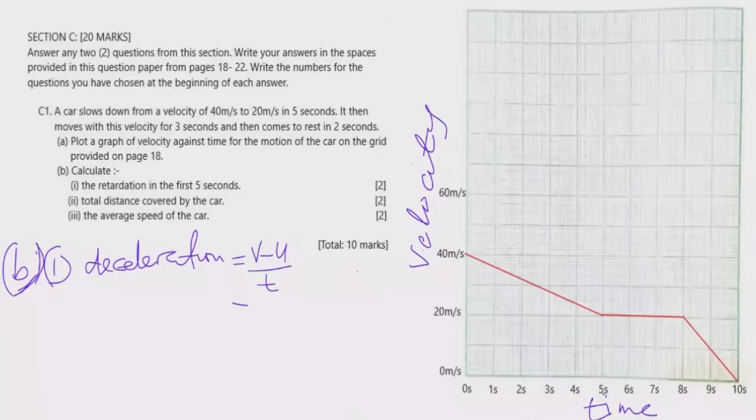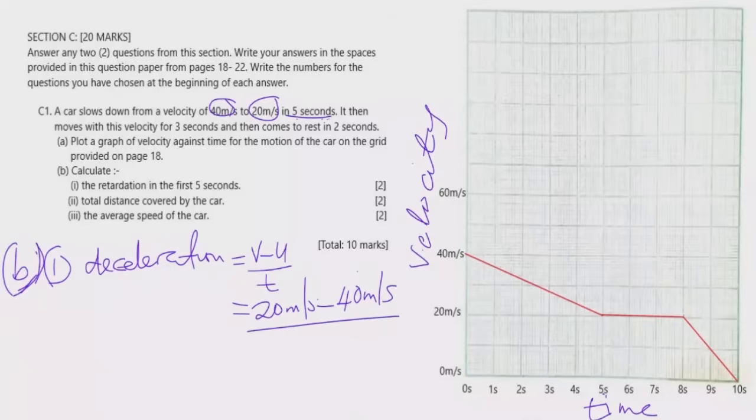The car was moving at 40 meters per second, and it came to 20 meters per second. So the final velocity is 20 meters per second minus the initial velocity, that is 40 meters per second. What is the time it took? It was 5 seconds.